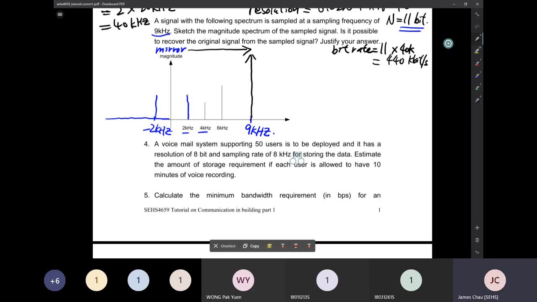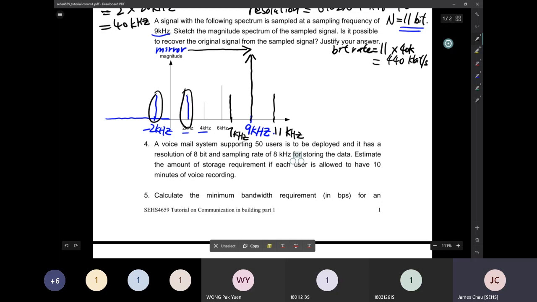And you copy the frequency spectrum along the 9 kHz axis. So at the position of 7 kHz, you have this one. At the position of 11 kHz, you have a component.